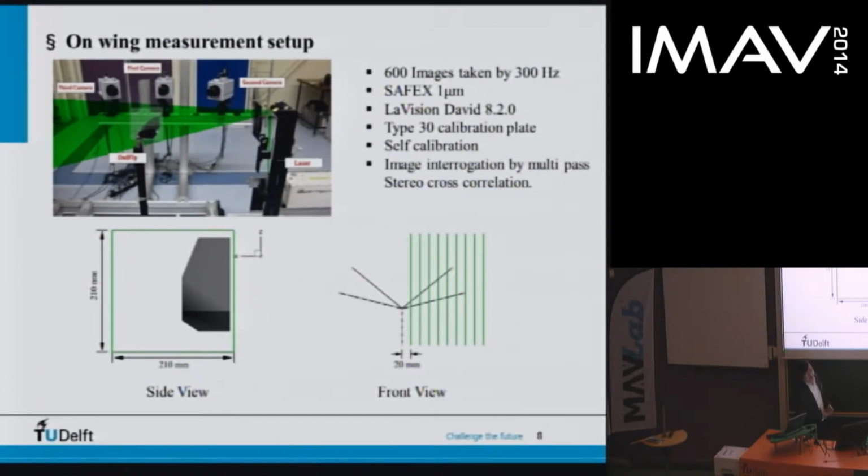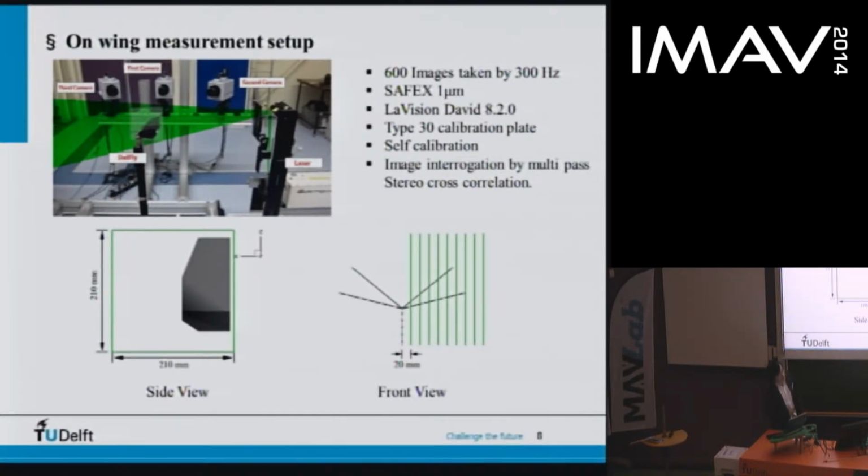In the measurement, we used the LaVision Type 30 calibration plate for calibration first. Later on, we used self-calibration to correct the misalignment between the laser sheet and the measurement plate.